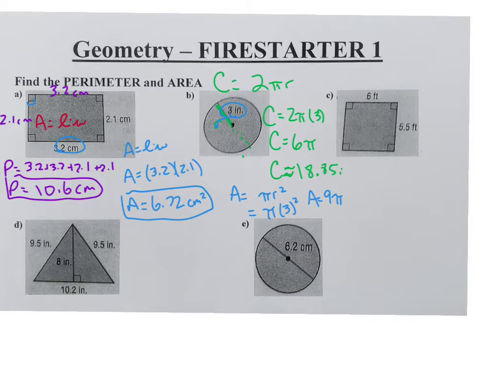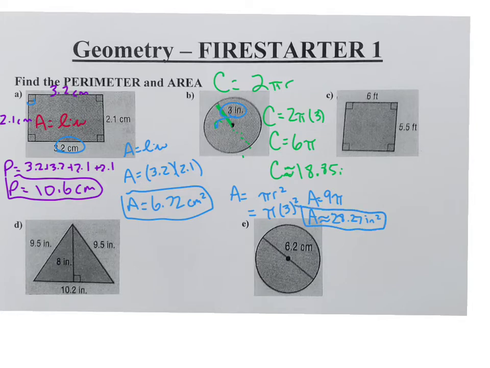And sometimes they'll give you an answer in terms of pi. You'll just leave it as 9 pi and you'll say square inches. But we'll round to 2 decimals. So I'm going to say area. Remember, now that I'm rounding, I have to use my approximate symbol, and it's going to be 28.27 square inches.